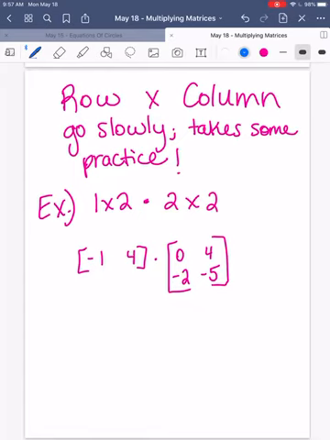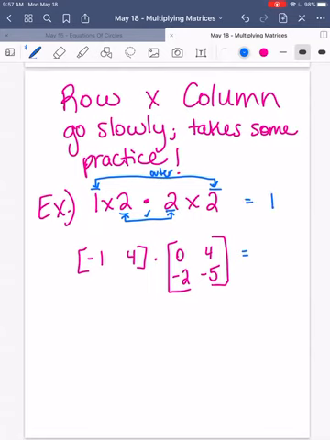So first of all, let's check our inner dimensions. Do the inner dimensions match here? And the answer is yes, they match. So we can multiply them. So what is our answer going to look like? What kind of matrix will our final answer be? Our answer will be the outer dimensions, which would be a 1 by 2.